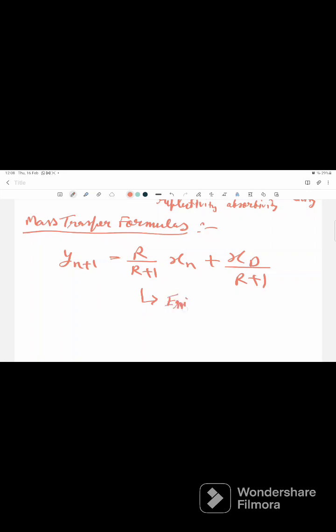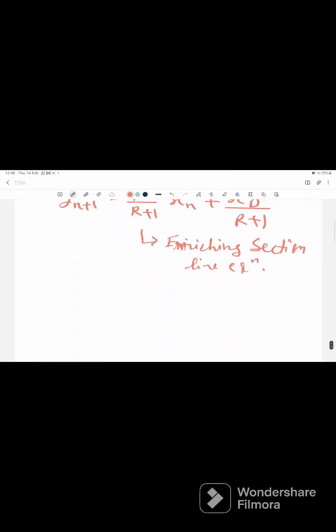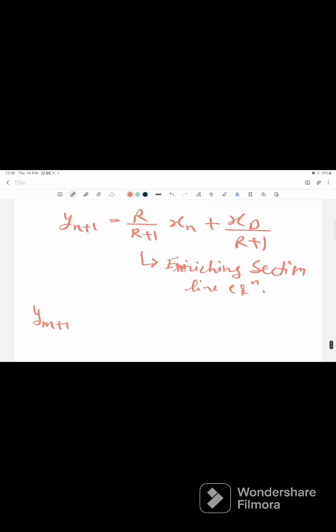And this is the enriching section line equation. Counting starts from 1, 2, then n. Okay.